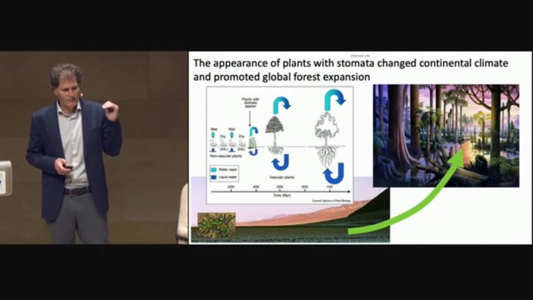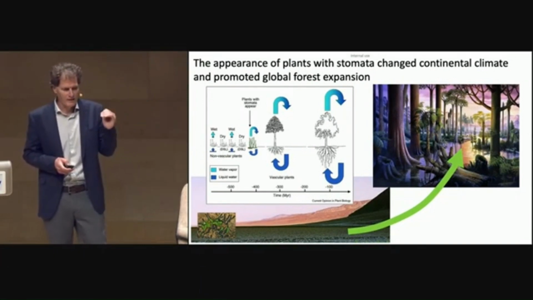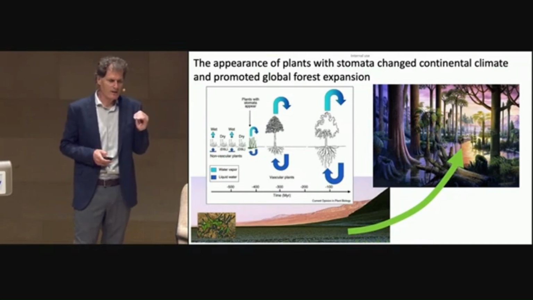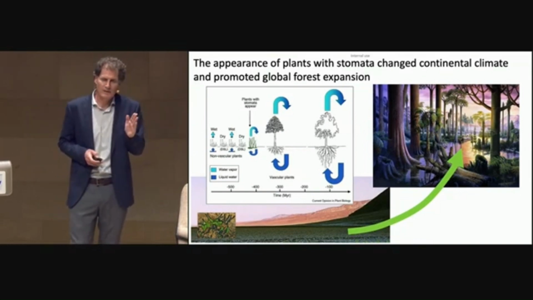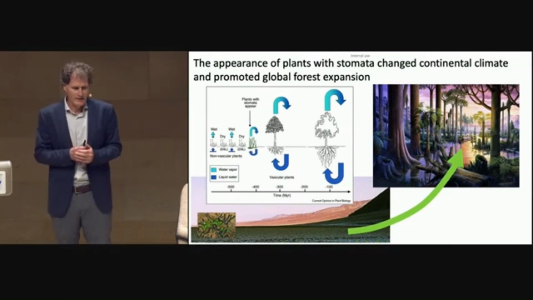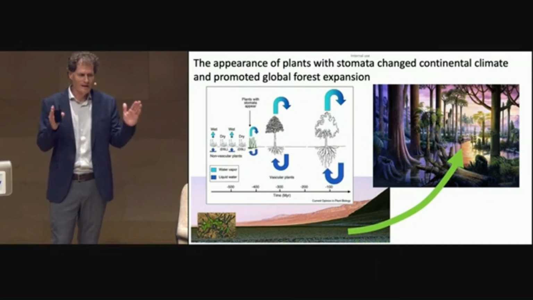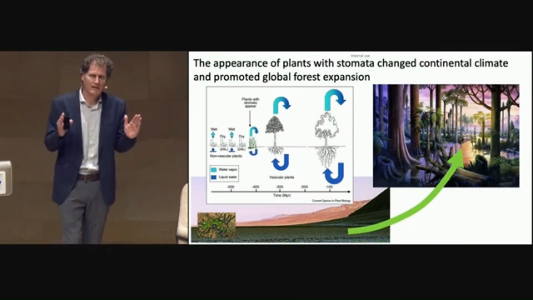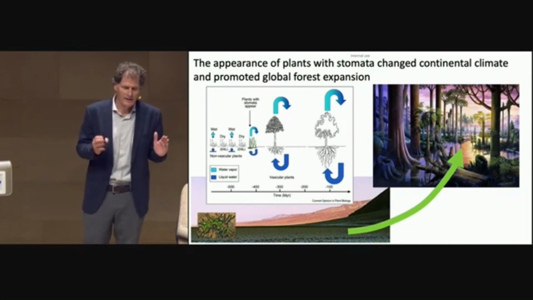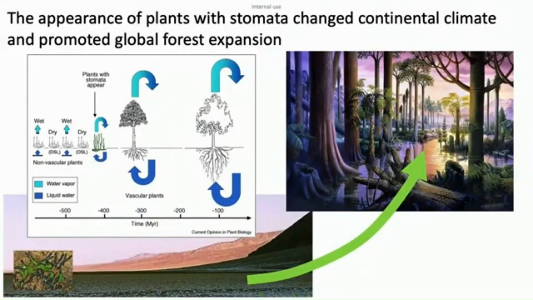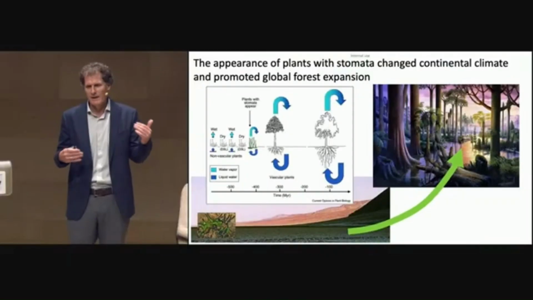To emphasize just how profound and important that process is, these structures, these stomata, evolved about 400 million years ago. We had a time series history of planet Earth yesterday, but just looking at the last 800 million years in which plant life has occupied the continents, the first 400 million years was pretty uneventful, and it was mostly plants that didn't have stomates, and the surface of the Earth went through wet and dry periods because those plants were very poor at managing their water resources.